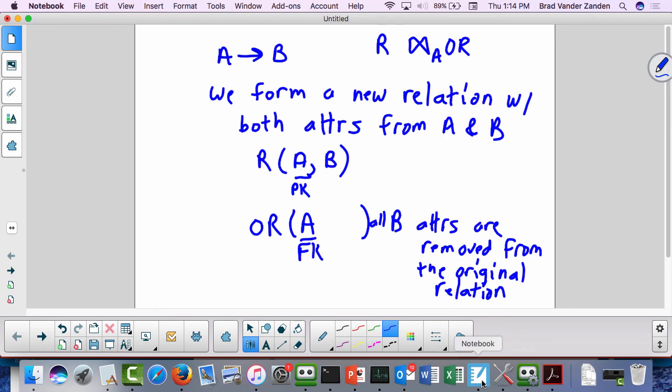And by doing it, we eliminate the insert and delete anomalies on A. Now we can insert on A without, remember, A was part of some bigger primary key.